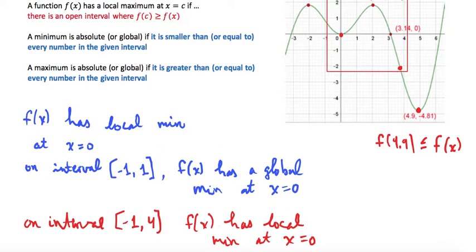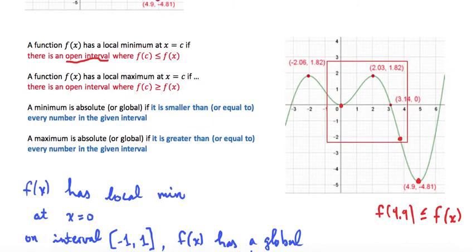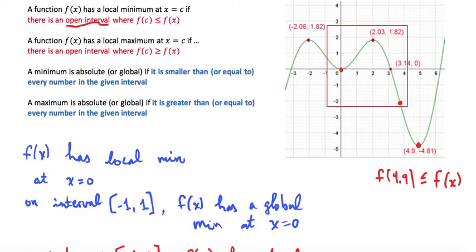So this is terminology that will be important and we'll apply a little bit later on. But when we're talking about min and max, basically min is the smallest number that you can have in that particular interval, and max is the largest number that you can have in that particular interval. And the point is either a global or a local, depending on which interval you're talking about.